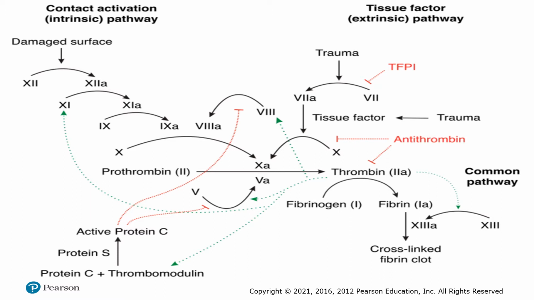An extrinsic pathway is caused by some outside force, like trauma, and it will go through the clotting factors to produce what it needs to produce to clot that bleed.